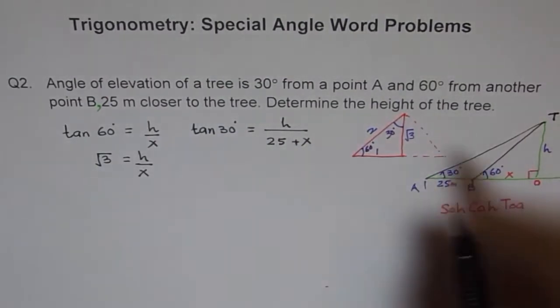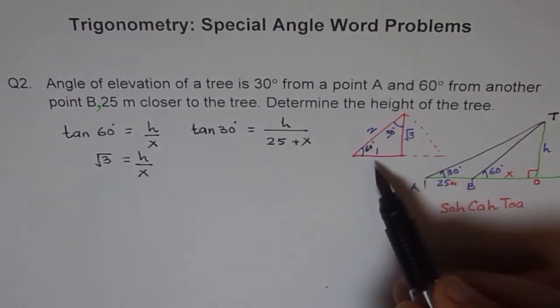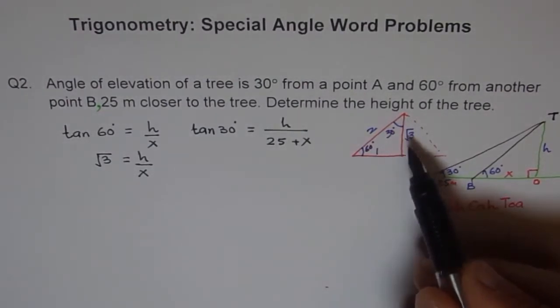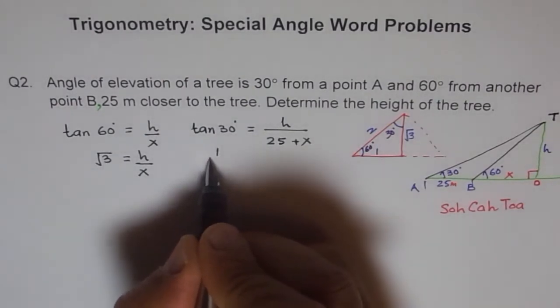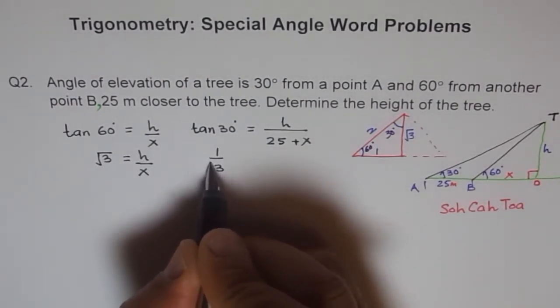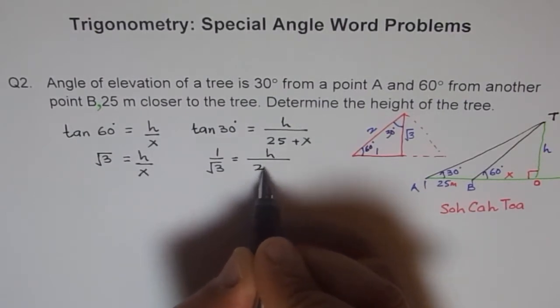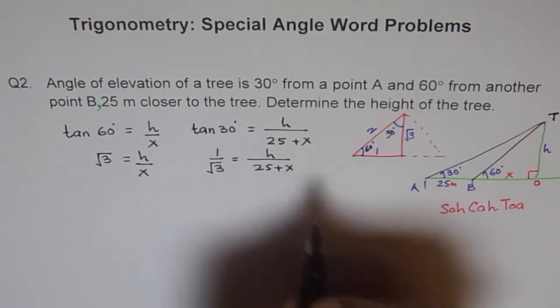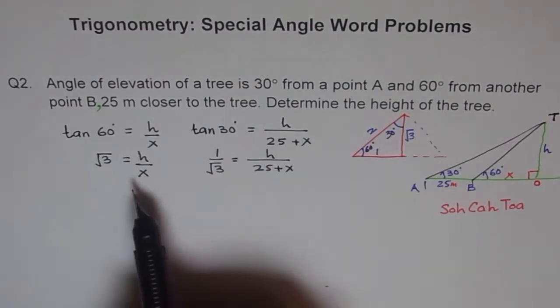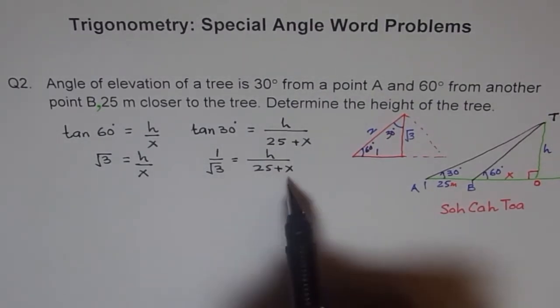Correct. And tan of 30 degrees from our special triangle is 1 over square root 3. So we say 1 over square root 3 is equal to h over 25 plus x. So now you see we have two equations and two variables.